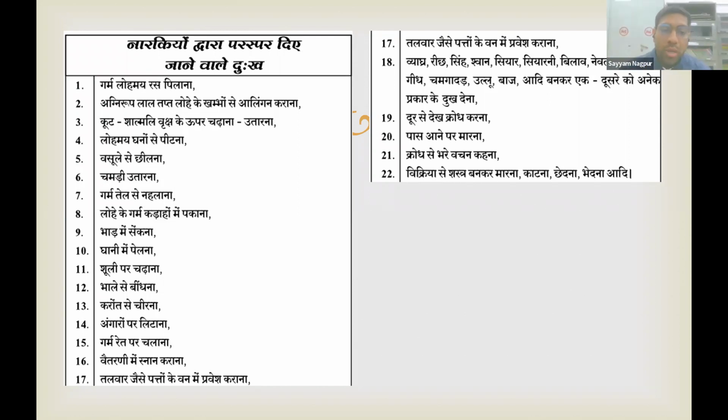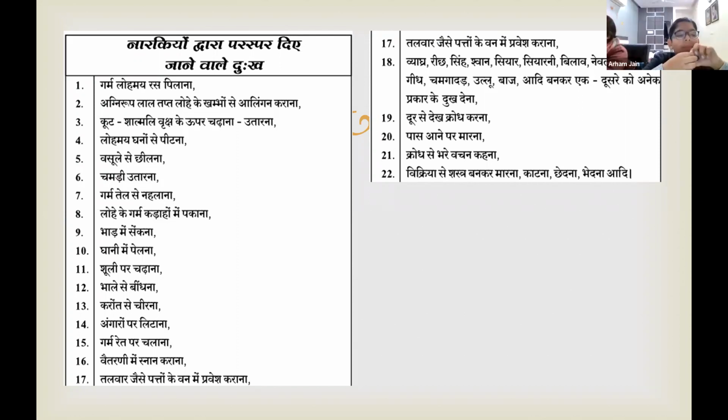That is called shuli par chadhana. No, sorry, that is not shuli par chadhana. Sorry. Shuli par chadhana means hanging by death. Yeah, matlab hanging a rope around your neck and hanging you.